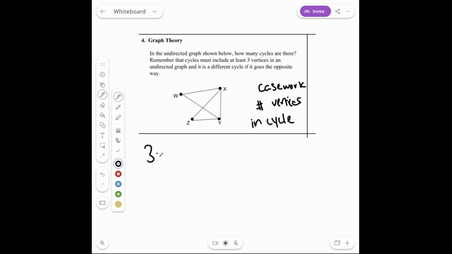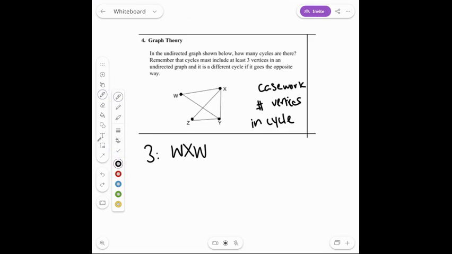Let's start with the shortest 3-vertex cycle. Remember that a cycle must start and end with the same vertex. Again, we can go alphabetical order to keep track. Sorry, at least 3 vertices means at least 3 different vertices.